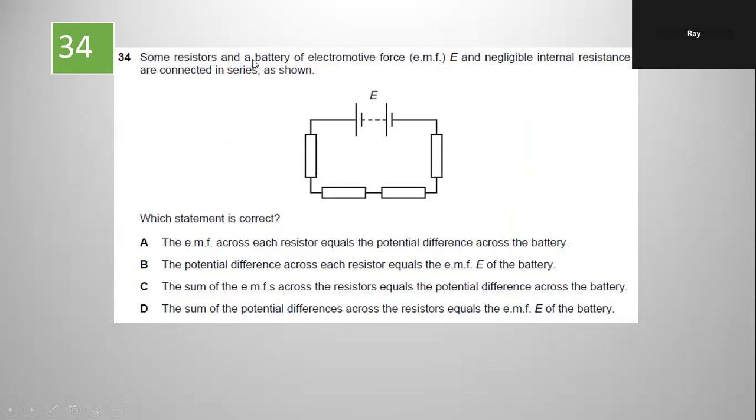Some resistors and a battery of electromotive force E and negligible internal resistance are connected in series as shown. Which statement is correct? Yep. What is your answer?